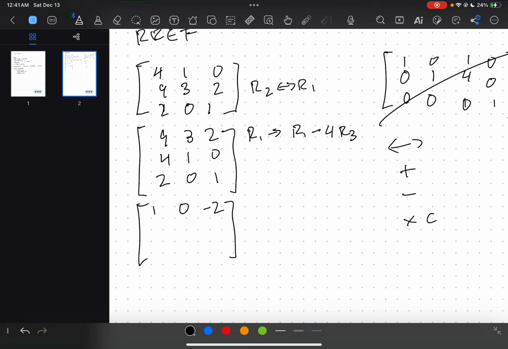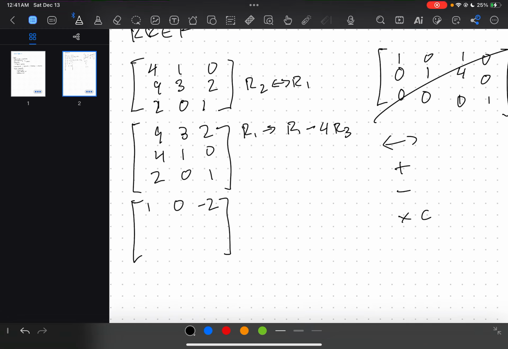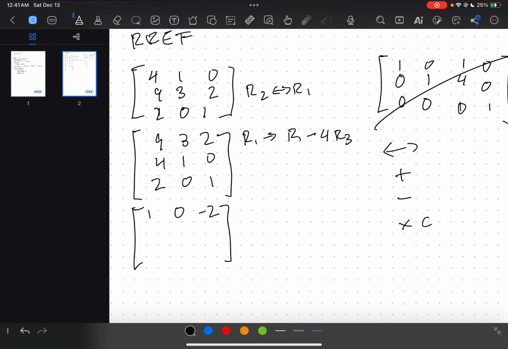And now we can do more steps in the same one. So let's say we want to swap these 2 rows.